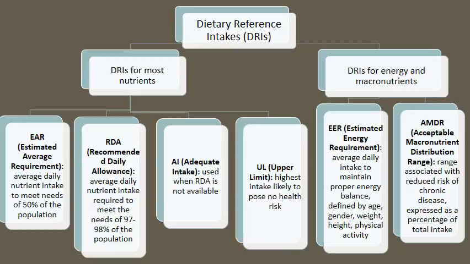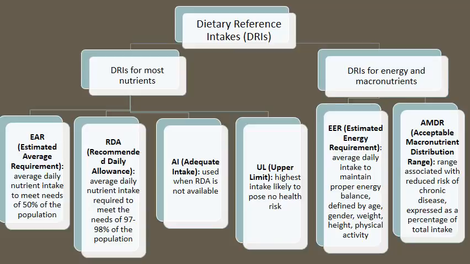So the estimated energy requirement is something that can be determined pretty specifically on a person-by-person basis. So the EER is determined by age, gender, weight, height, and physical activity levels. So this is the average daily intake of a macronutrient, of protein, fat, or carbohydrate, that would be required to maintain proper energy balance for that person.